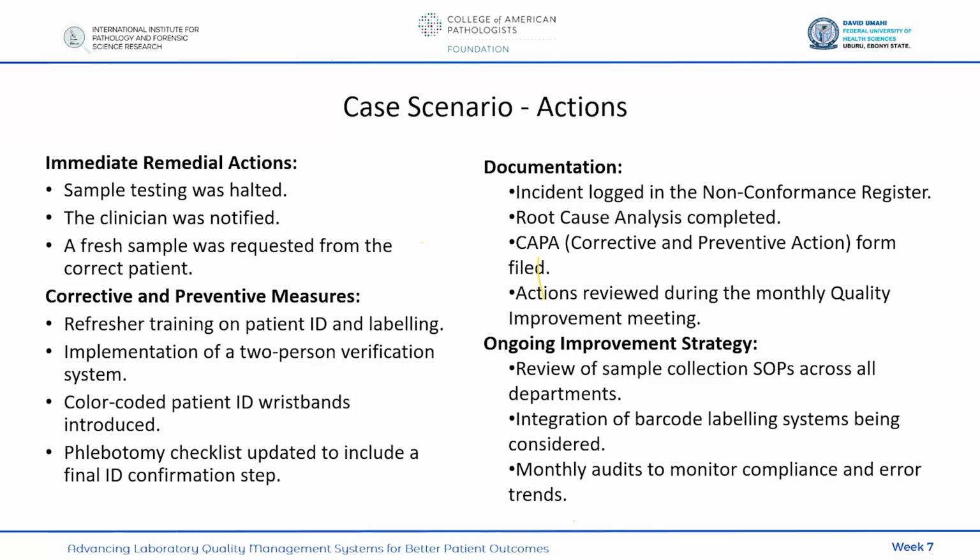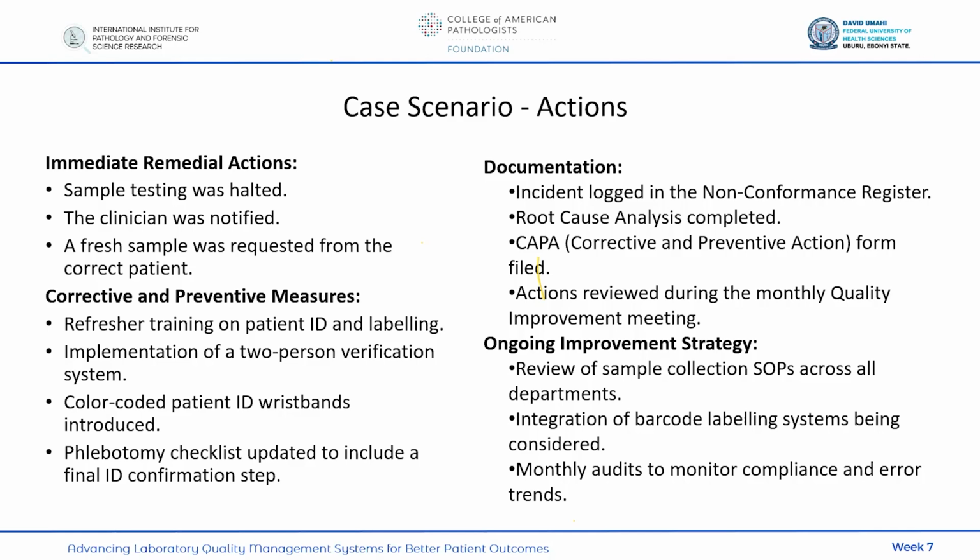So what were the actions taken? They reviewed all sample collection SOPs across all departments. They proposed integrating a barcode labeling system, and they also proposed monthly audits to monitor compliance and error trends.